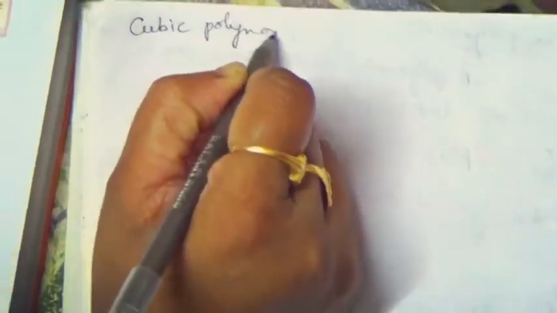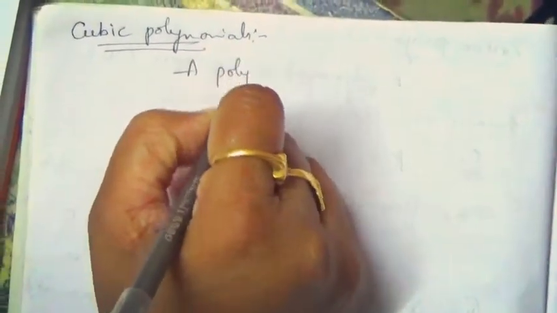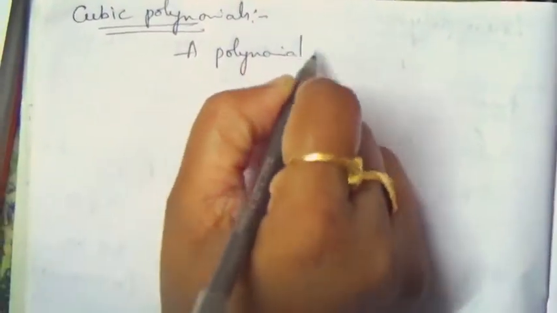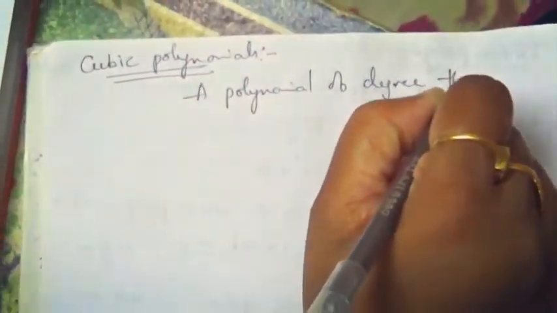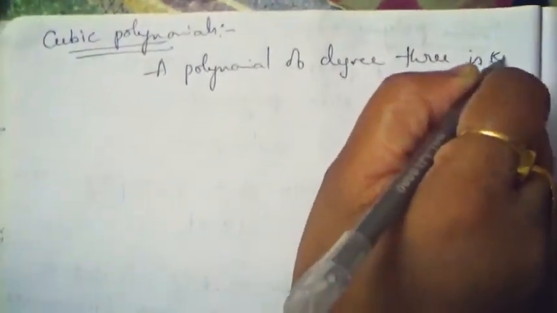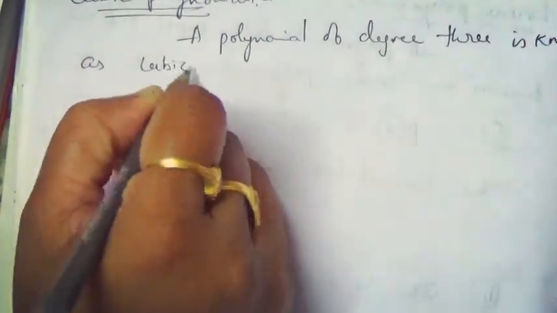Okay, next we have cubic polynomials. What do we mean by a cubic polynomial? A polynomial of degree 3 is known as a cubic polynomial.